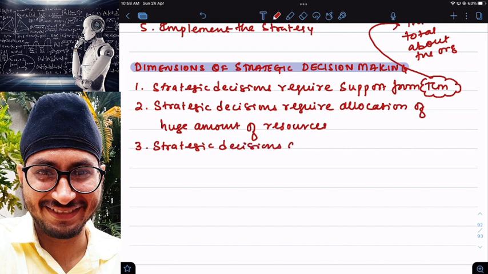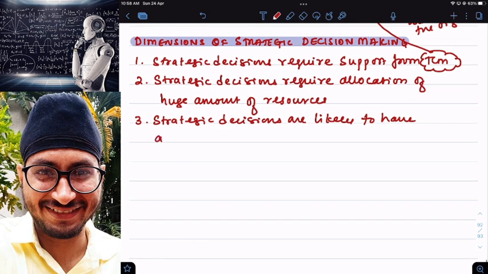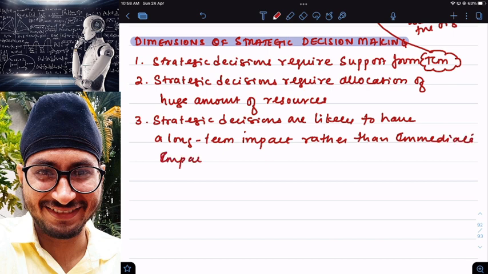Next, strategic decisions are likely to have a long-term impact rather than immediate impact.